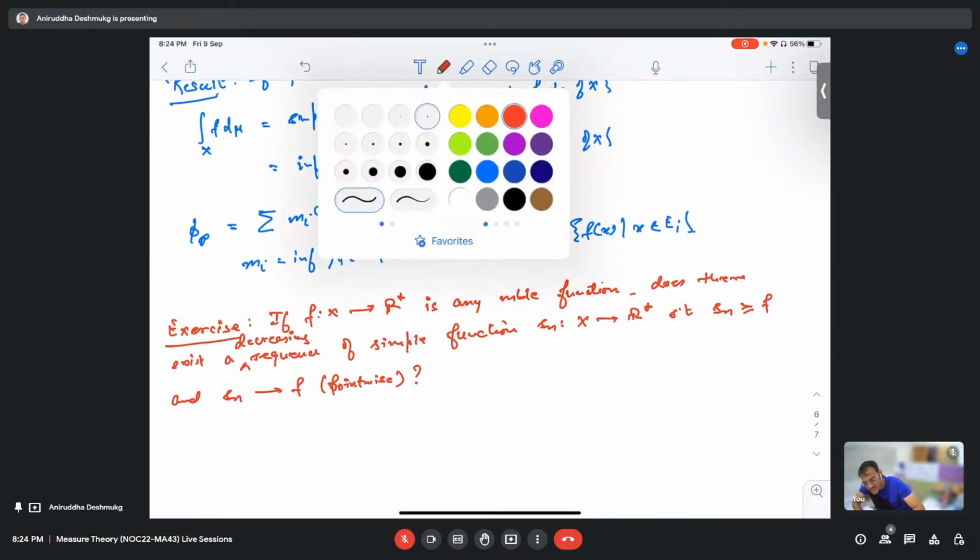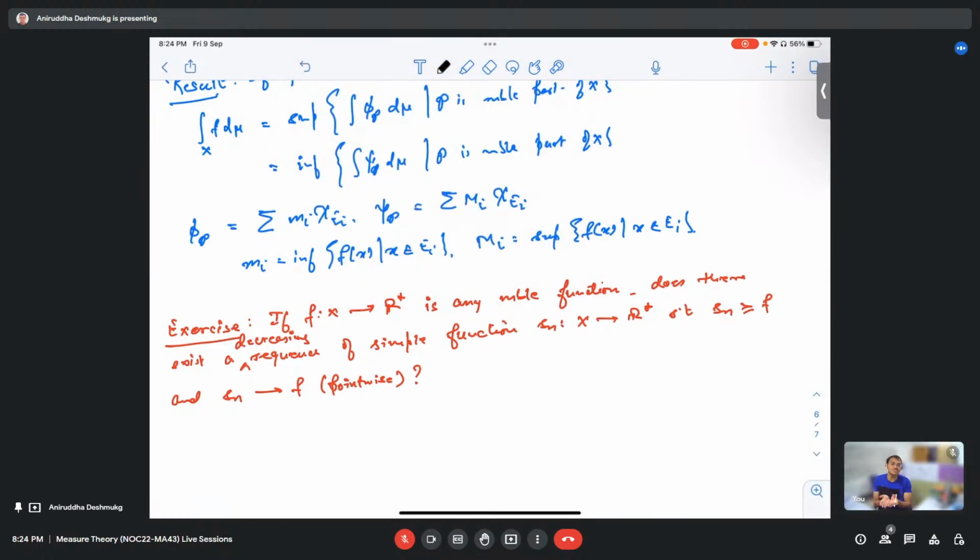So we have seen that measurable functions can be approximated from below using an increasing sequence of simple measurable functions. Now I am asking the other way around question. Given a measurable function, can we approximate it from above using simple measurable functions? You think about it and we'll discuss it next time.